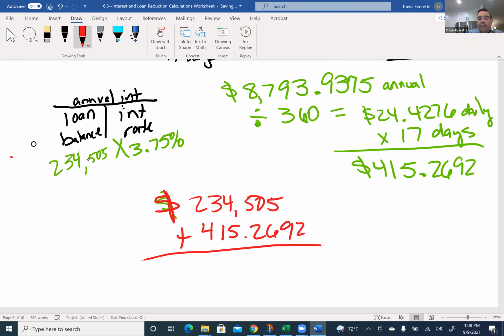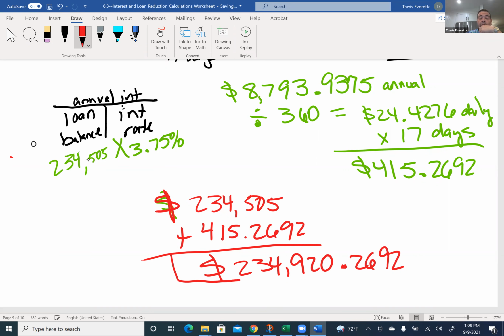I've got a total payoff as of that date of $234,920 and about 27 cents, 2692. So about 27 cents. $234,920 and about 27 cents to pay that loan off.